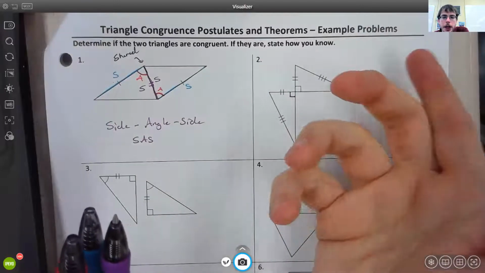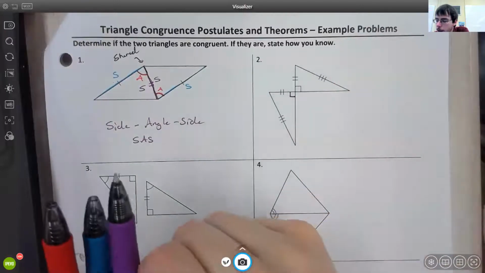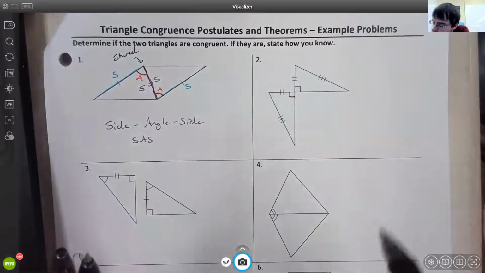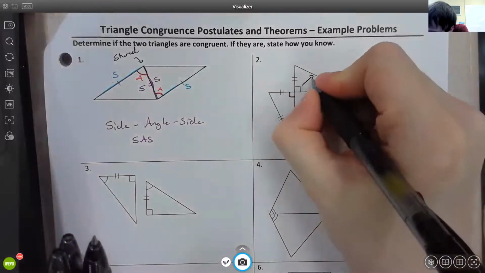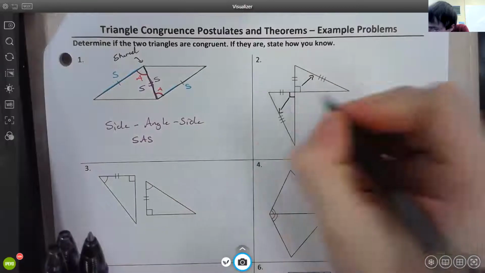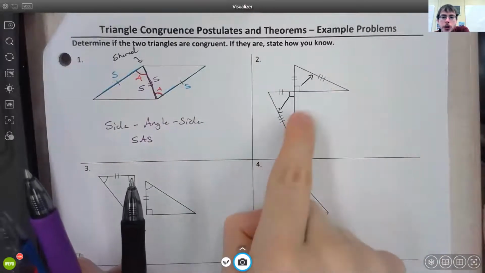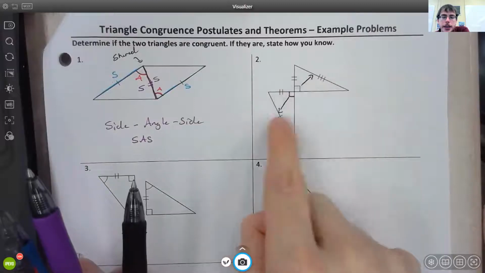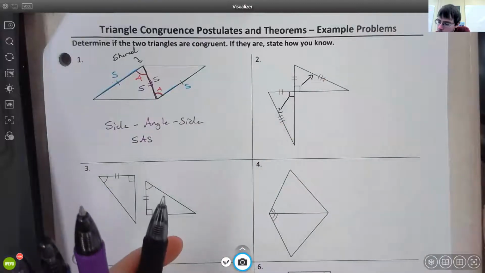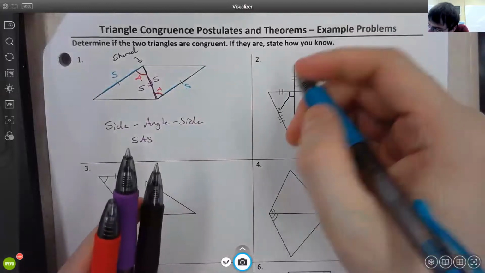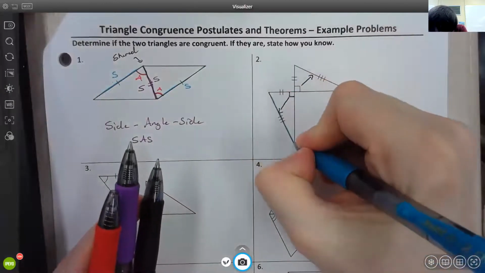Now remember, your hypotenuse is opposite of your right angle. Are there congruency markings on those hypotenuses, and are they the same markings? Yes, they are.